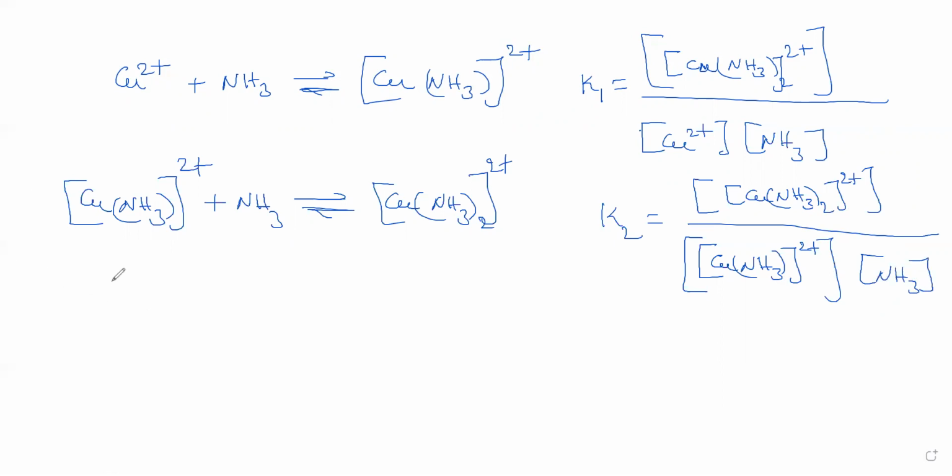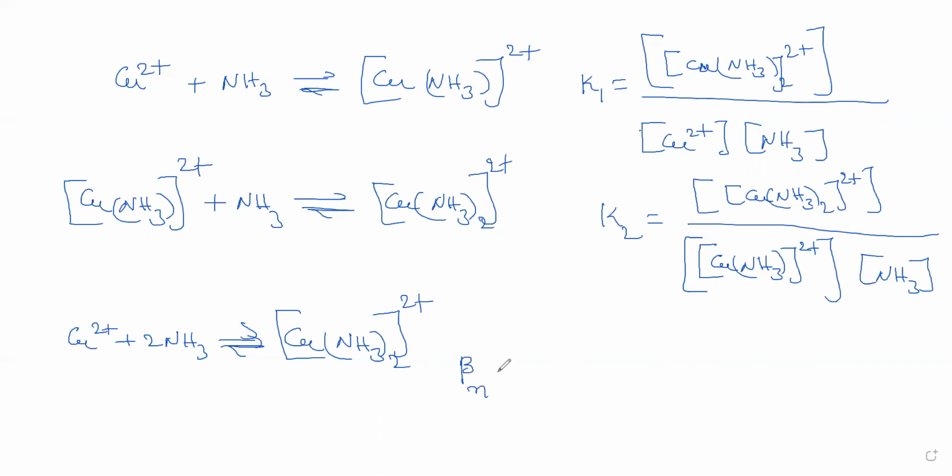So suppose the next case is that these are the two things. When you write Cu2+ plus 2NH3 gives Cu(NH3)2 2+, here I get the overall stability constant, which is beta 2.